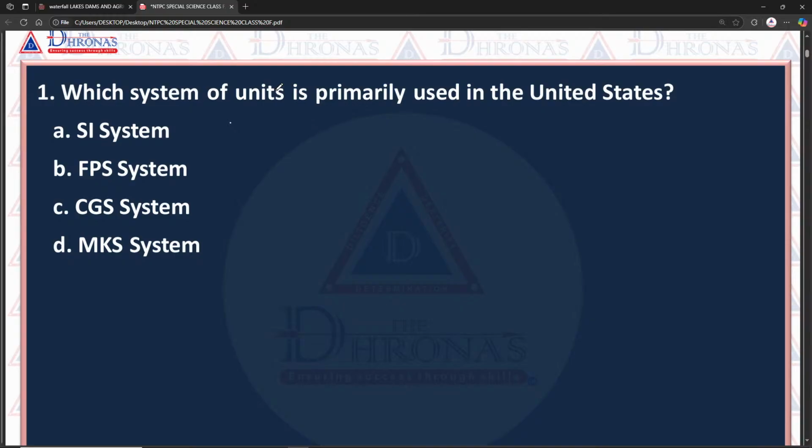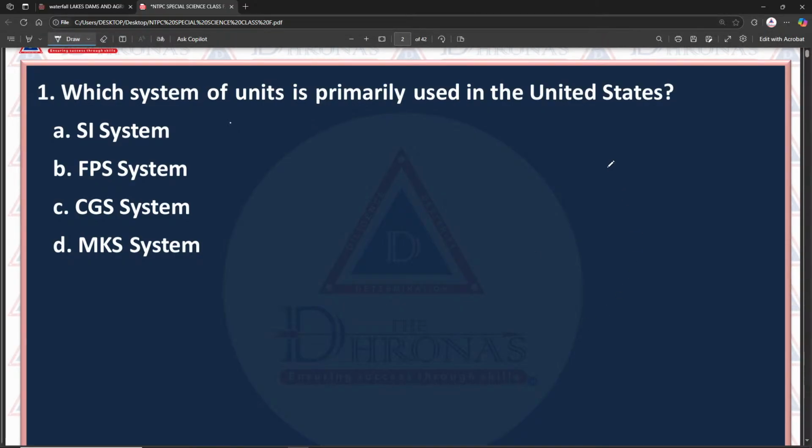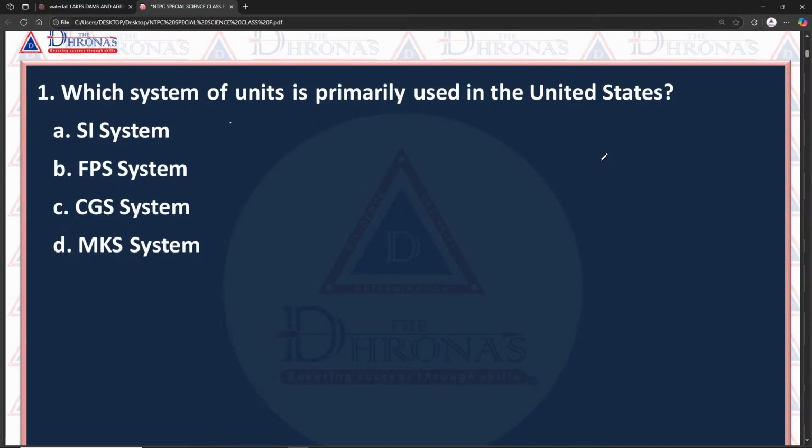Which system of units is primarily used in the United States? Option A, SI system; B, FPS system; C, CGS system; D, MKS system. Now the modern unit system is which one?